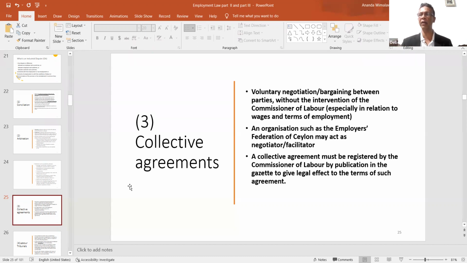So the legal background has been provided. The legal provision is there. Otherwise, it becomes an unfair labor practice, in which case the employer will be punished.